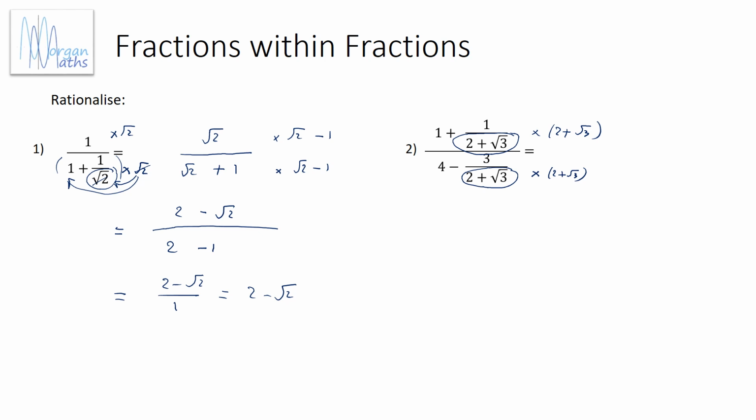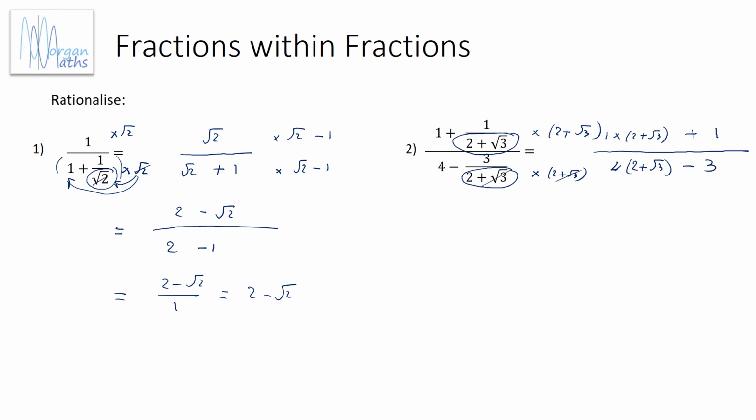So if I do that, what am I left with? Well, I'm going to have 1 times this 2 plus root 3 plus the fraction. We are going to cancel down the denominator and this 2 plus root 3, so I'm going to have a plus 1. And at the denominator, similar situation: 2 times 2 plus root 3, and then minus 3, as the fraction cancels the denominator, cancelled by this 2 plus root 3.